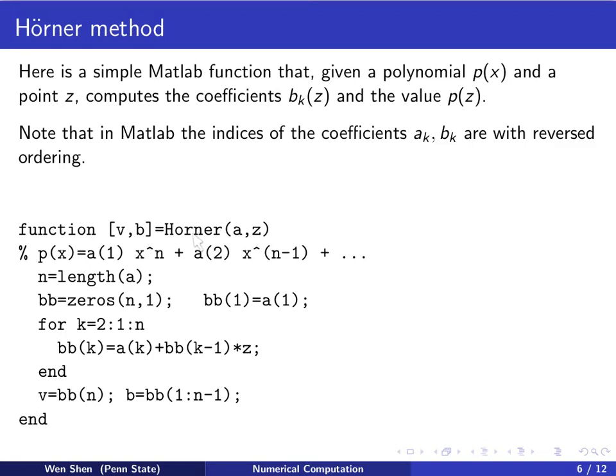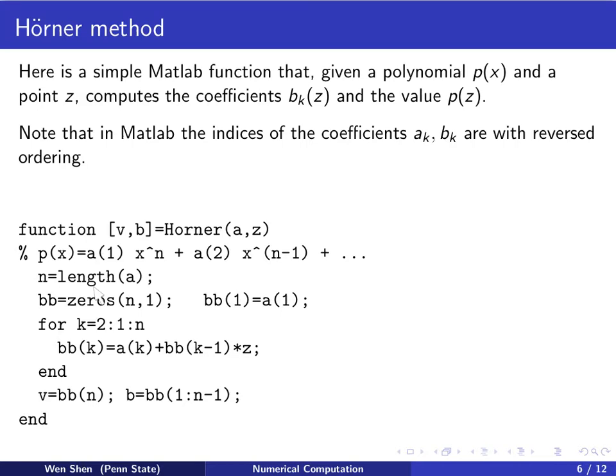And the code will return two values, and B would be the vector that would store all the coefficients bk, and the v here would be the value of the polynomial evaluated at the point z. Okay, so it's basically coding the pseudocode we presented in the previous page in Matlab syntax.